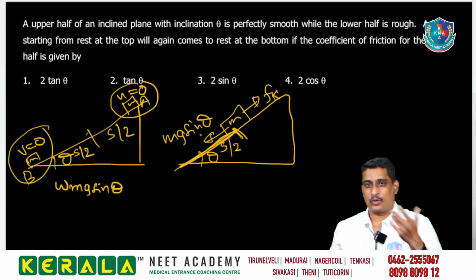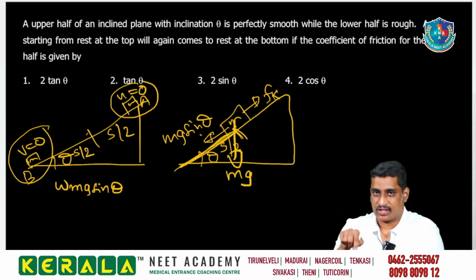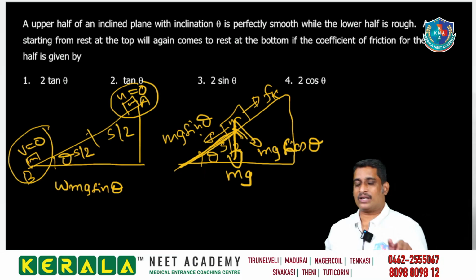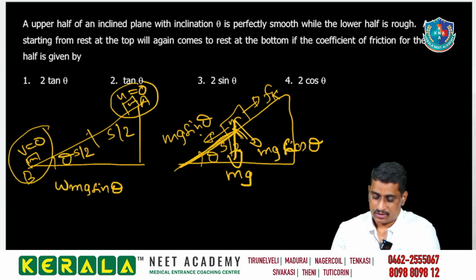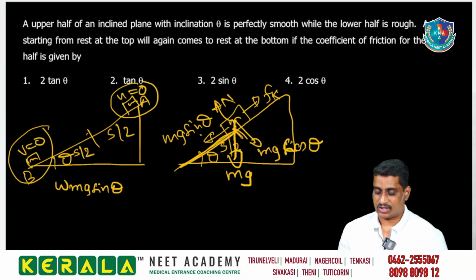If you visualize the other forces also which are acting over the block, we resolved mg into two components. One component perpendicular to the inclined plane, nothing but mg cos theta. The other component is parallel to the inclined plane, nothing but mg sin theta. The inclined plane will give normal force to the block.